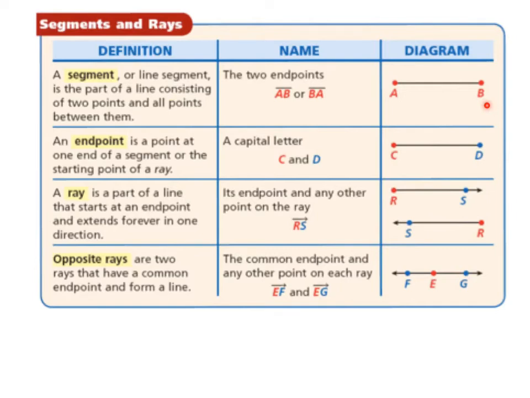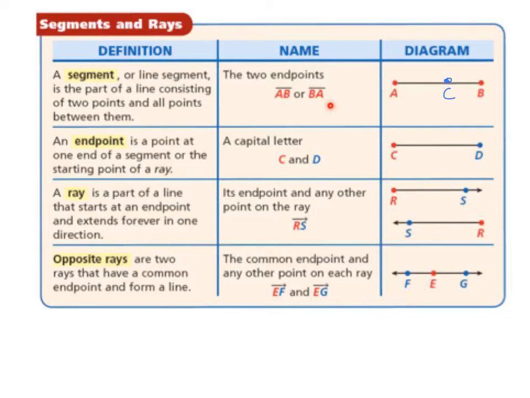Now, when you name a line segment, you can't just pick any 2 points on that line to name it. You would want to use the actual letters that are the endpoints. So even if this had point C in the middle of this, I wouldn't want to call this line segment AC, because that would effectively mean that I'm getting rid of this part between C and B. I'm going to call this AB or BA, because those are the endpoints of the line segment I am talking about.